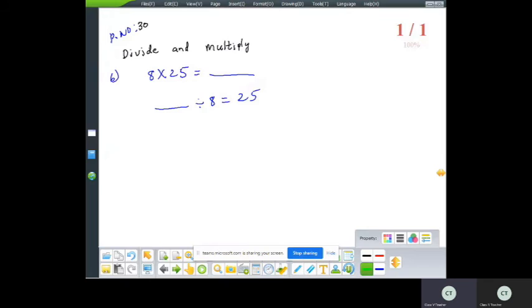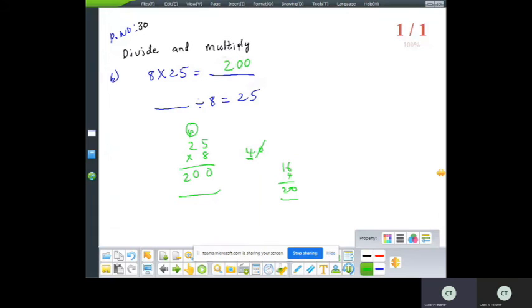See, from the first statement, 8 into 25, 25 into 8. 8 5s are 40. First digit is here. Now 4 is going up, carry on. 8 2s are 16. 16 plus 4 is 20. 20 is written here. 8 times 25 is 200, or 8 into 25 is equal to 200.